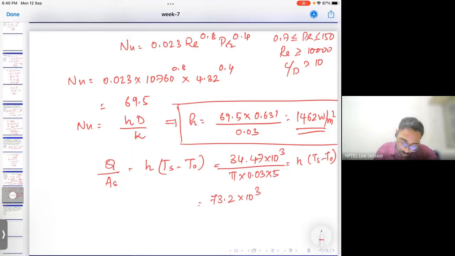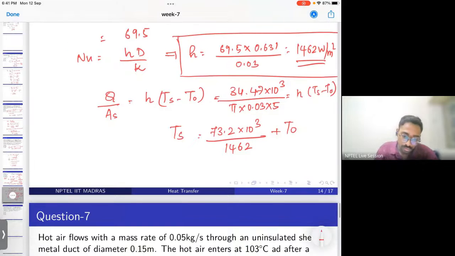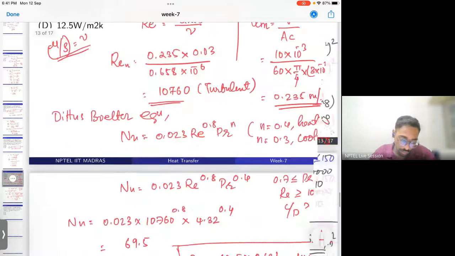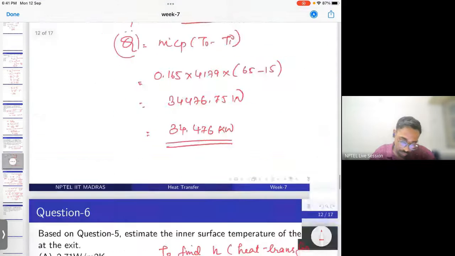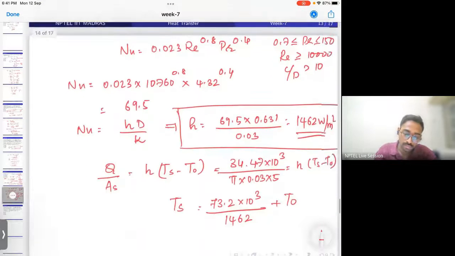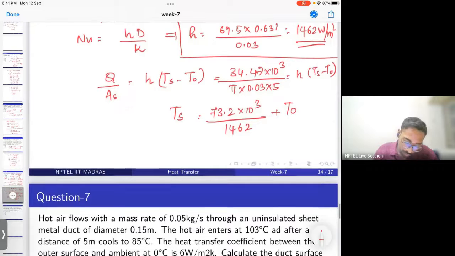This heat flux divided by H, 11462, plus T outer is equal to T surface. So divided by 11462 plus, the outer temperature is given as 65. So the surface temperature at the exit is 115 degrees Celsius.